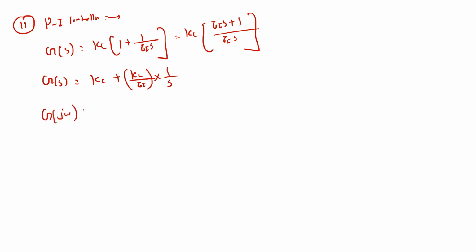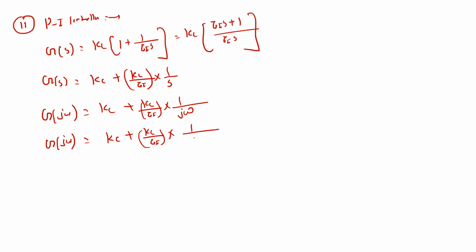If I substitute G of j omega, so can I write Kc plus Kc upon tau I into 1 upon j omega? So finally, G of j omega is equal to Kc plus Kc by tau I into 1 upon j omega into j omega divided by j omega. Fine.